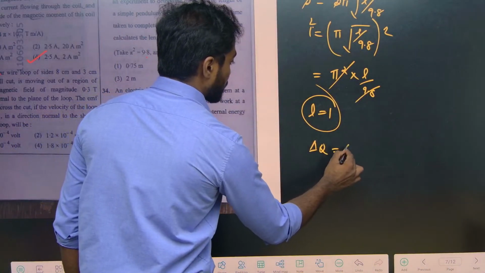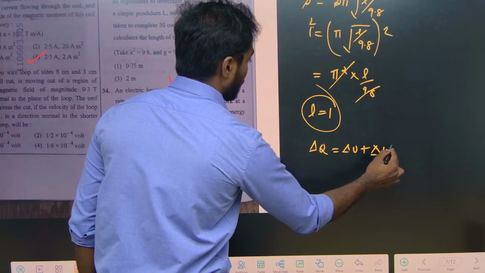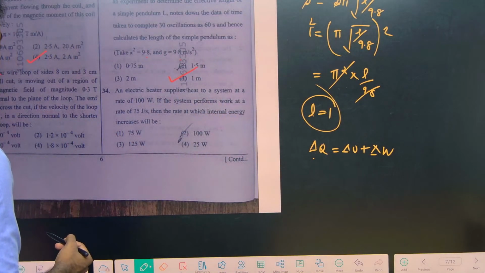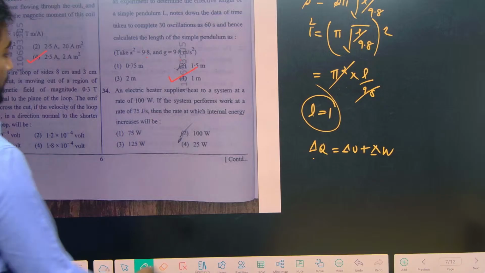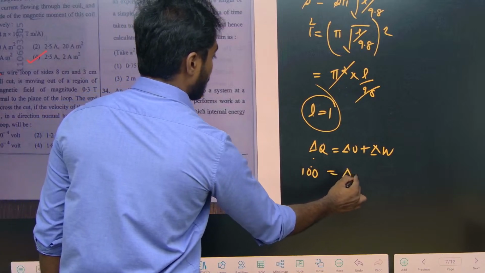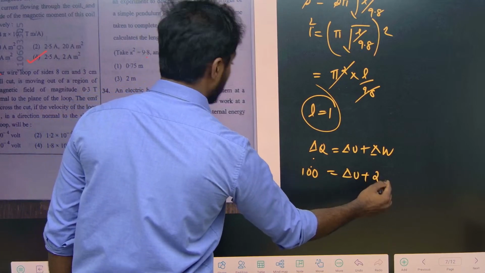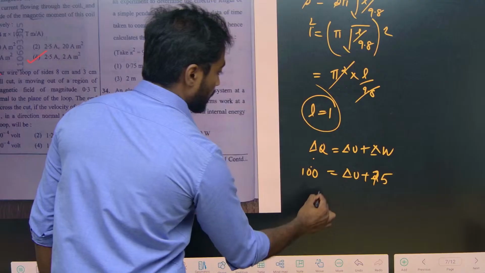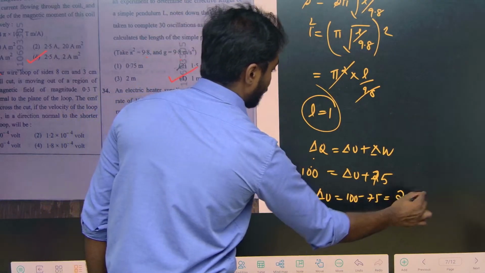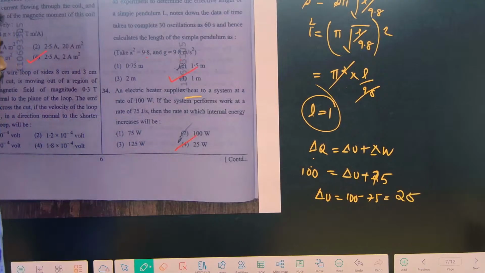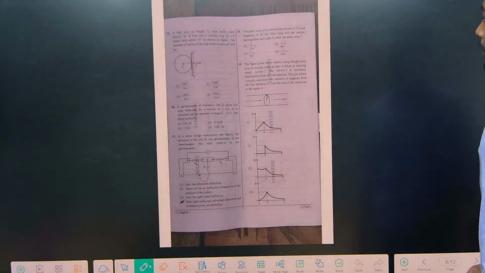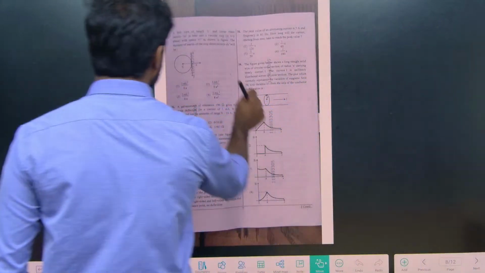Delta Q is equal to delta U plus delta W. Heat supplied 100 is equal to delta U plus work, which is 75, they have given. So delta U will be 100 minus 75, which is equal to 25. Option D is the answer. Okay, next one.